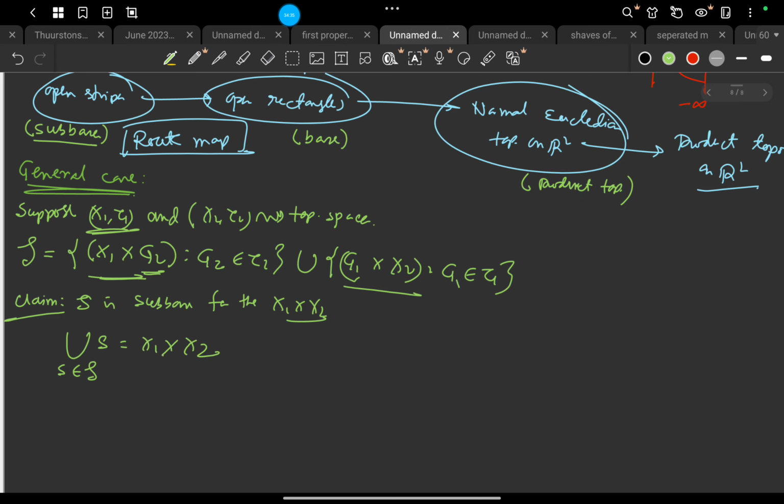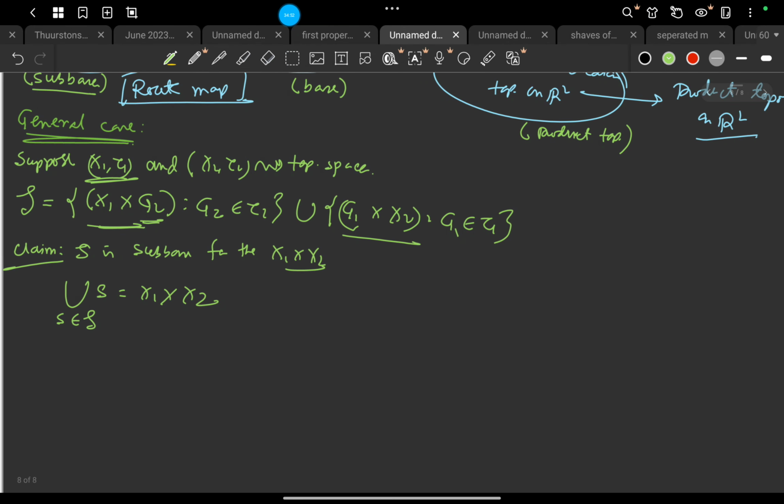This is how we want to check each of the open sets. So there is no difficulty in checking it.